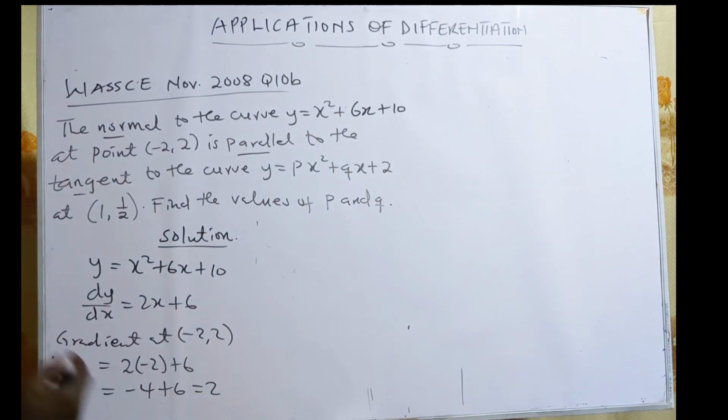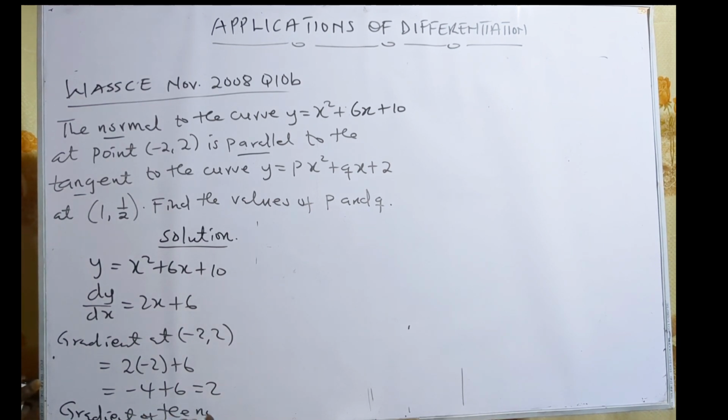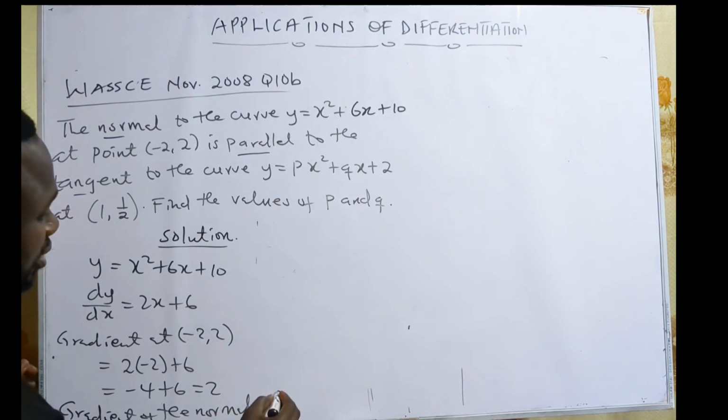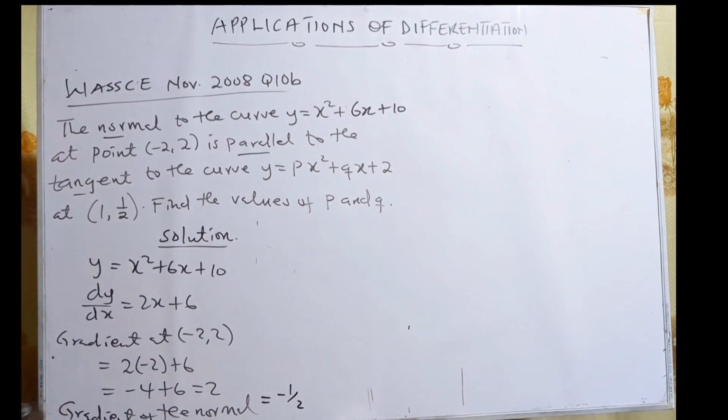But we need the normal, so you have to find the gradient of the normal. The gradient of the normal will be the negative reciprocal. The gradient of the normal is the negative reciprocal of what? The gradient 2. So that will give me minus 1 over 2. So this is the gradient of the normal.